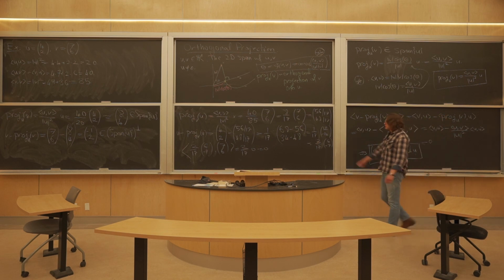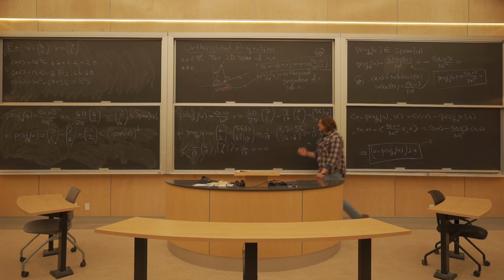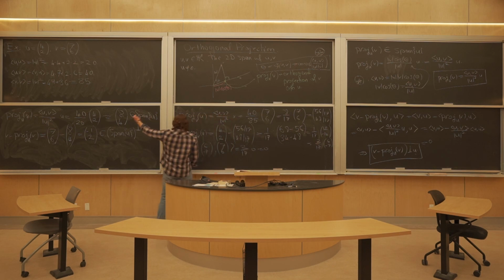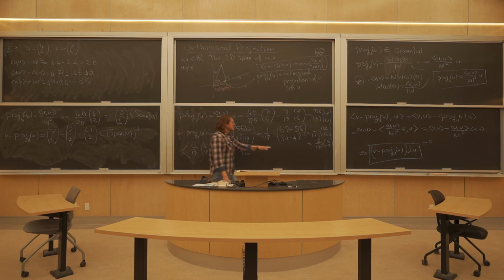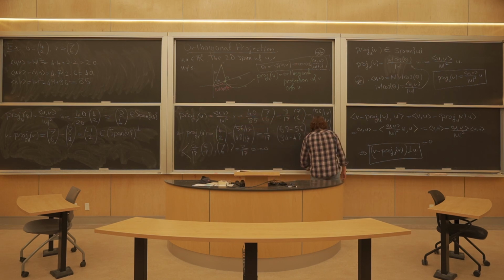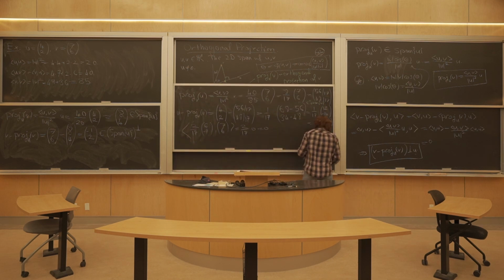Okay. So this vector again is in the span, now it's in the span of V, because I was projecting onto the span of V. And this other vector is in the span of V perp. Okay, maybe I should write it again. So this is in span of V, and this is in the span of V perp.